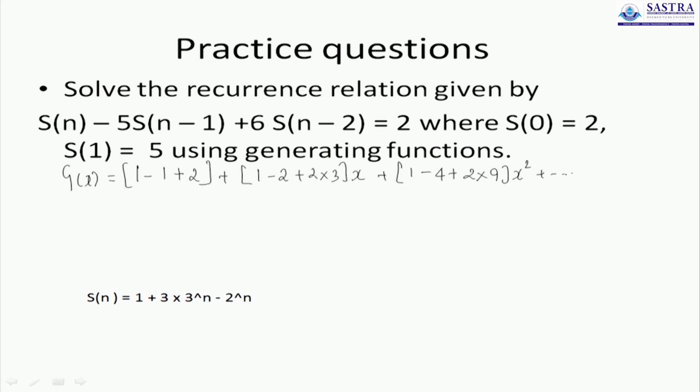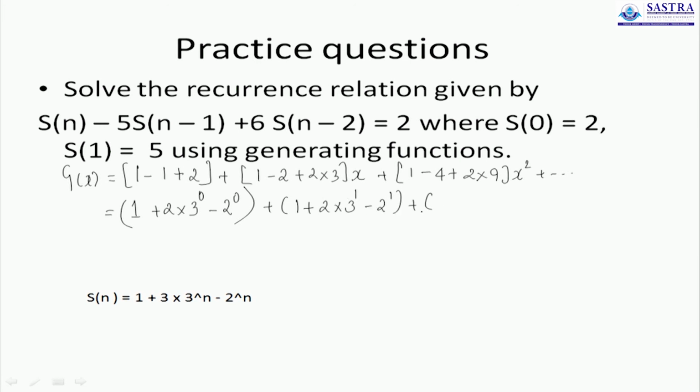So therefore the coefficient can be easily written as, we will have a 1 everywhere plus a 2 times a power of 3, which is next. This is 2 times 3 power 0 minus 2 power 0, that is what we have. This is the very first term. The second term is 1 plus 2 times 3 power 1 minus 2 power 1.